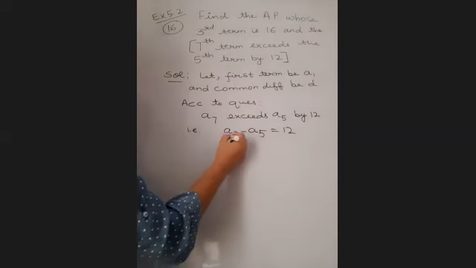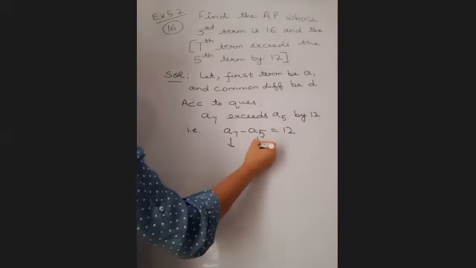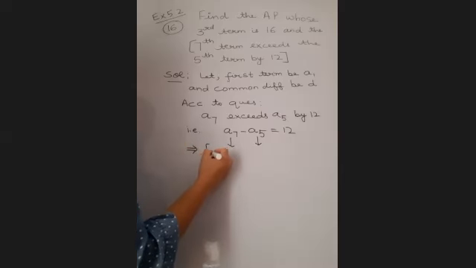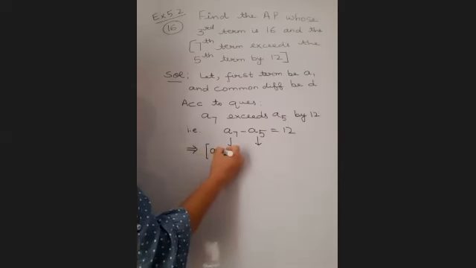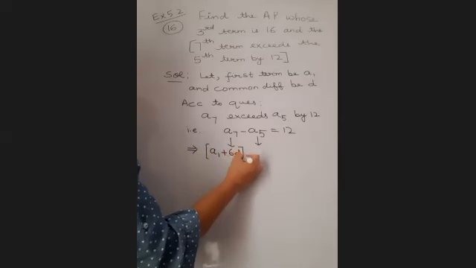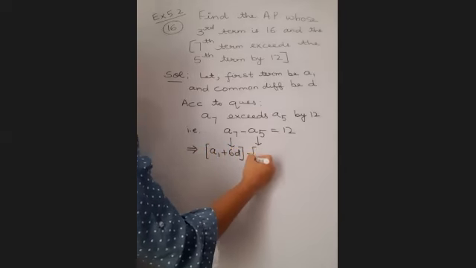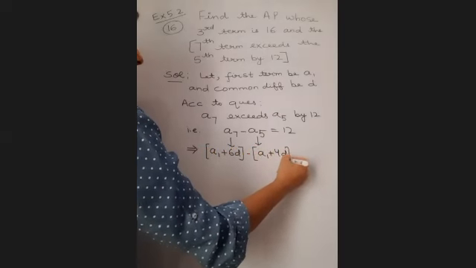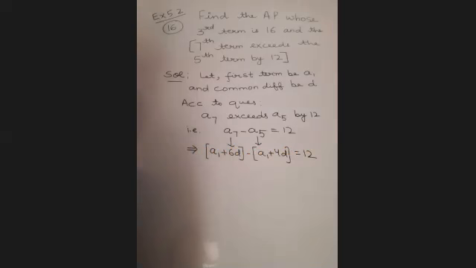Right? Now let us change it to A1 and D. What is A7? A1 plus 6D. Right, very good. Minus in the bracket A1 plus 4D is equal to 12.